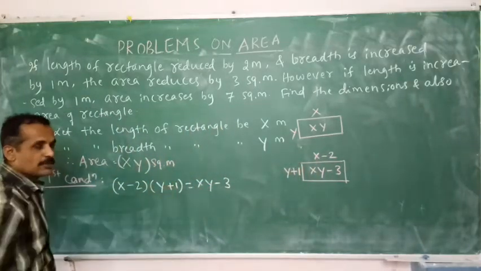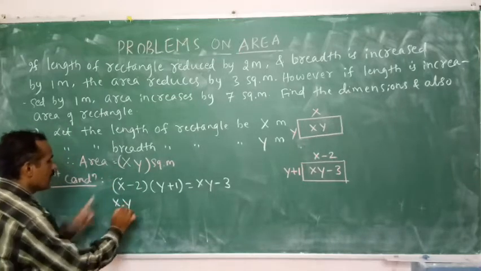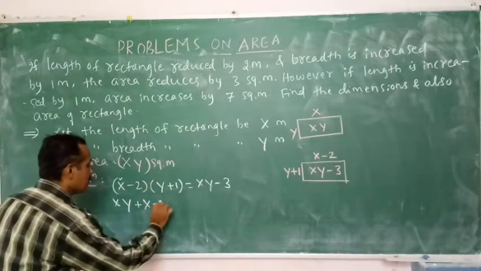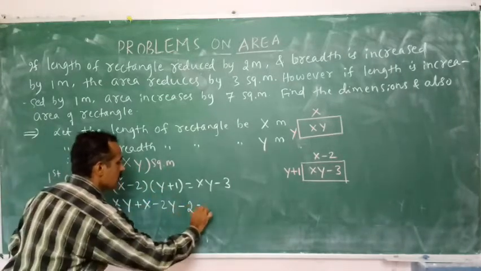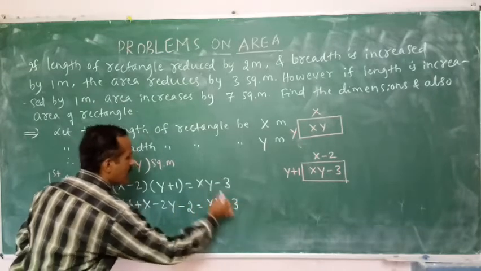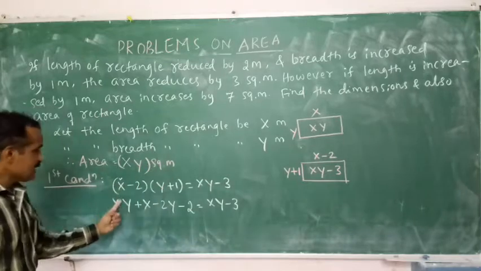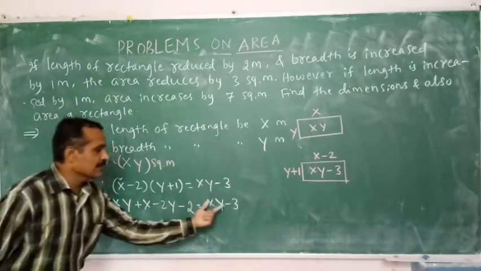With this reference, you can write here. This is again binomial to binomial. I start multiplying from here. x into y, x into 1 is x, minus 2 into y, minus 2y, minus 2 into plus 1, minus 2 is equal to xy minus 3. I told you in my previous example, this xy gets cancelled because one is in the LHS, one in the RHS.